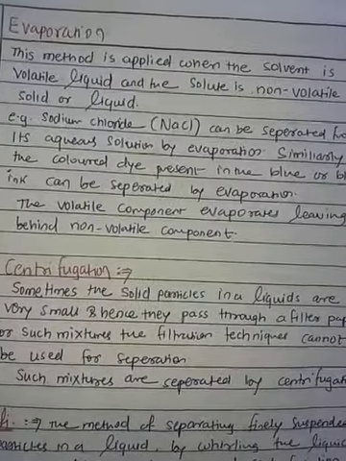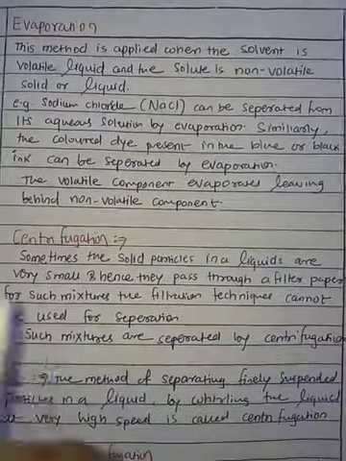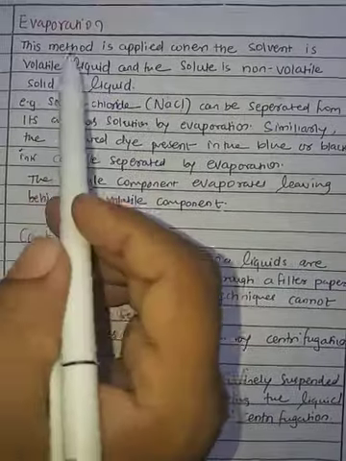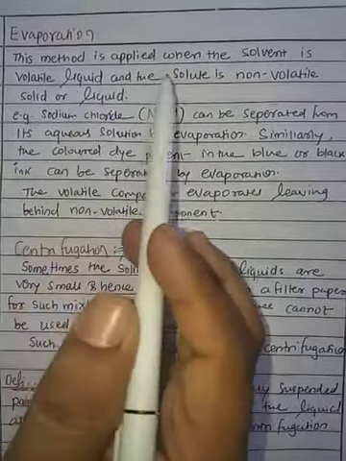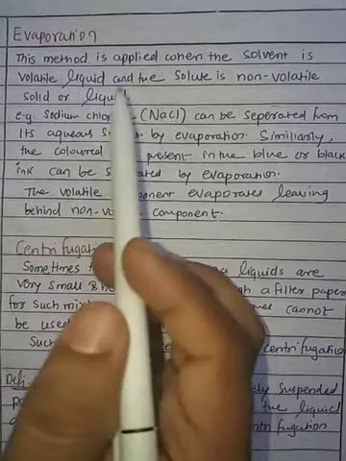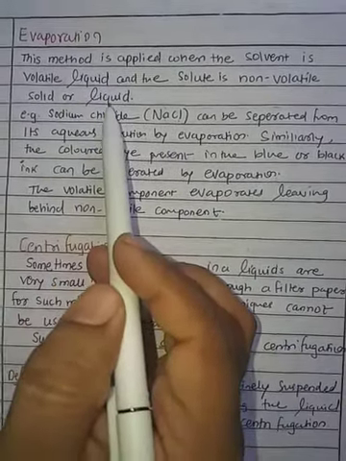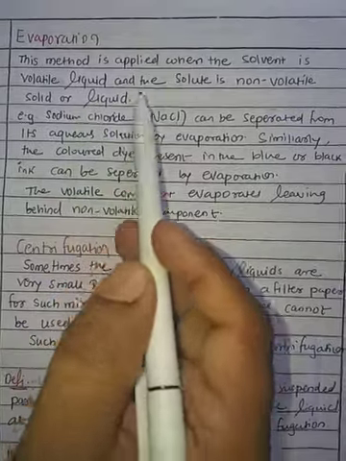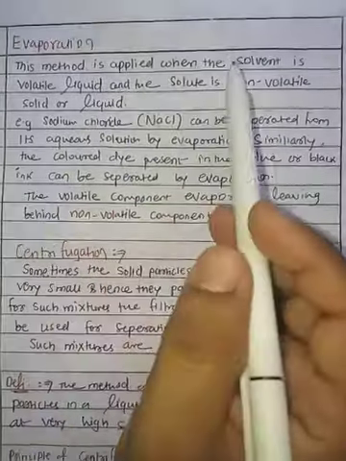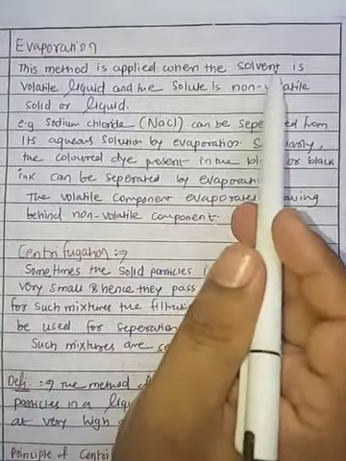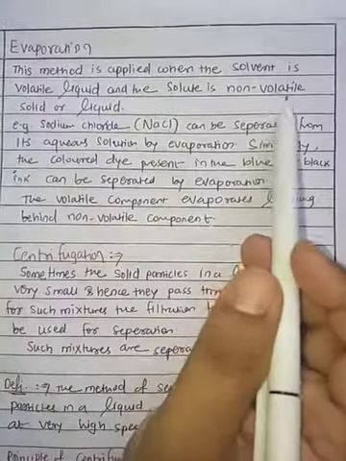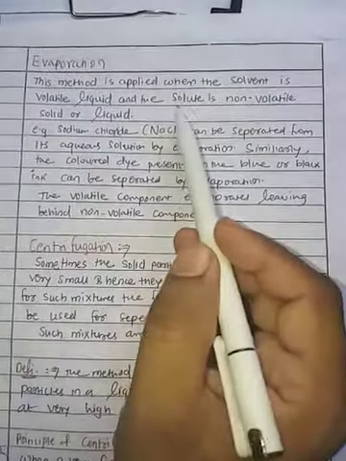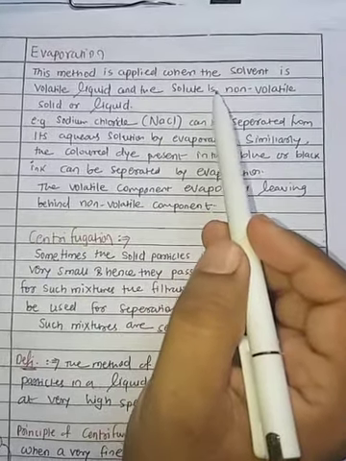Next we will discuss evaporation. This method is applied when the solvent is a volatile liquid and the solute is a non-volatile solid or liquid. So one is volatile and the other is non-volatile.